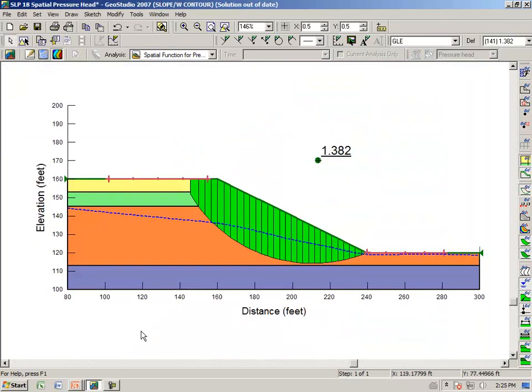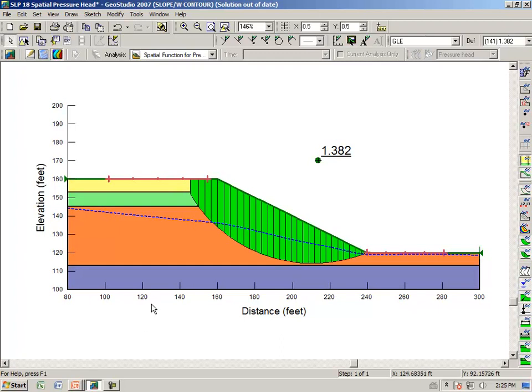I won't spend any more time then on spatial distribution of pore water pressures. This is a very useful technique, as I've already said, if you have irregular pore water pressure distributions, particularly for things like upward flow arising from artesian conditions.